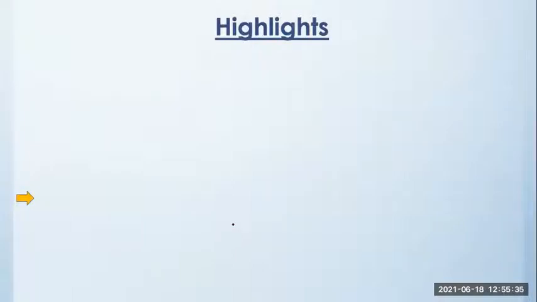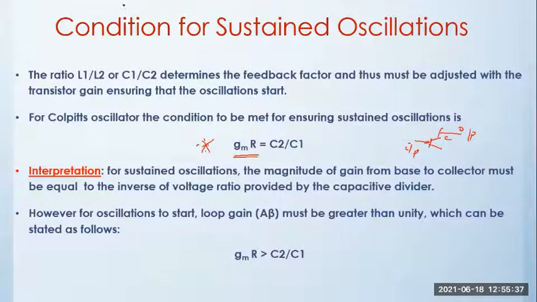So suppose it is Hartley, the ratio will be L1 by L2. In a Hartley oscillator, just remember this, the GM into R ratio should be equal to L1 by L2.